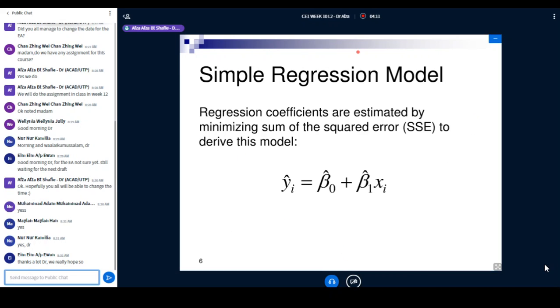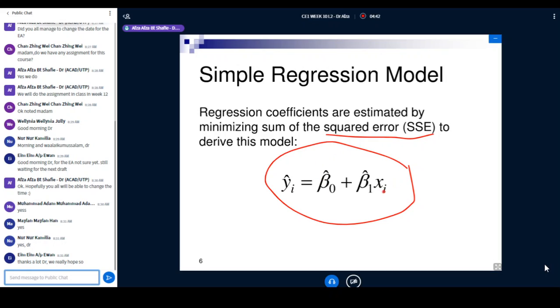In the simple regression model, you want to find this, by minimizing the square of the error, minimizing the SSE. So in the multiple, you now extend this equation because you now have x1, x2, x3, x4, right up to xk.